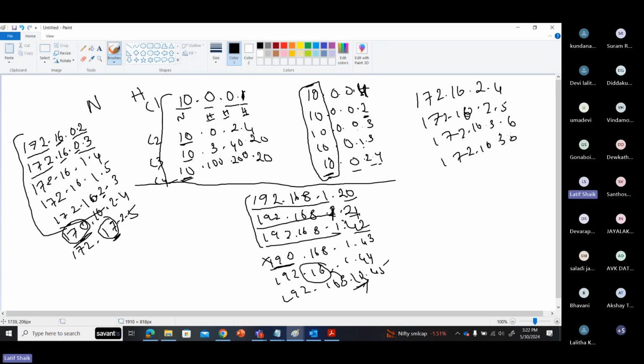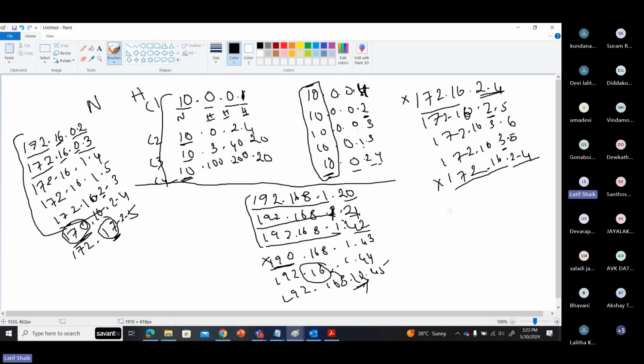No problem, because there is a host portion difference either on this side or that side. But if I put another system and configure 172.16.2.4, what happened? This is 2.4, this is 2.4, the same network and the same host. Then a conflict will be generated.